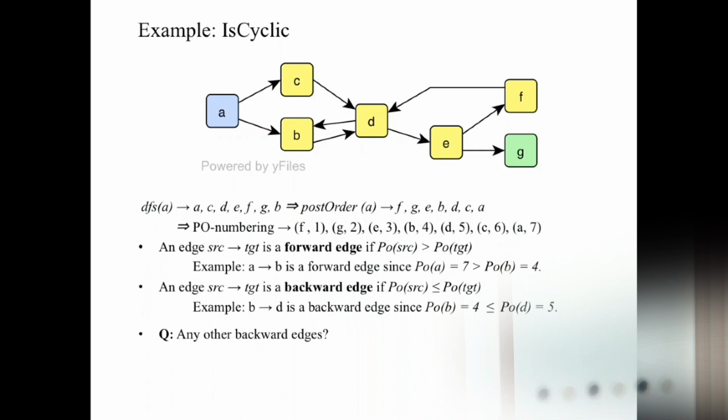Also, we can find out from F and D. What is the post order for F? The post order for F is 1. So the source is 1 and the target D is 5. Again, the post order number of the source is less than that of the target. Is it clear?